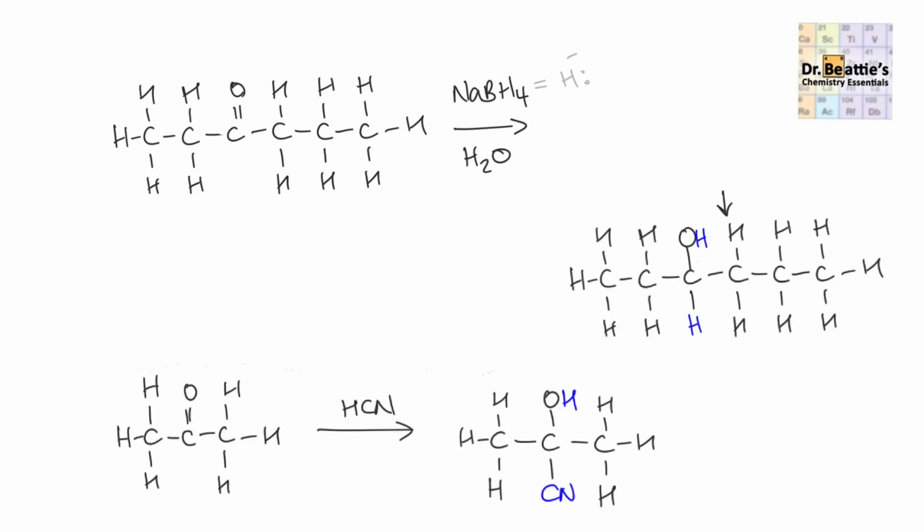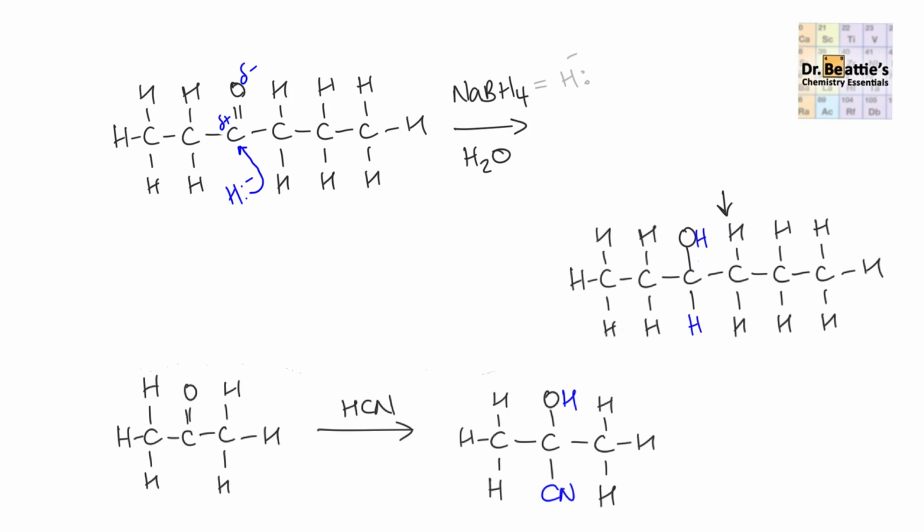In terms of the mechanism, what we're going to do is draw in the correct nucleophile and the electronegativities on the carbonyl of this ketone. We just put our hydride here. Then we show these two electrons making an attack onto the electrophilic carbon.